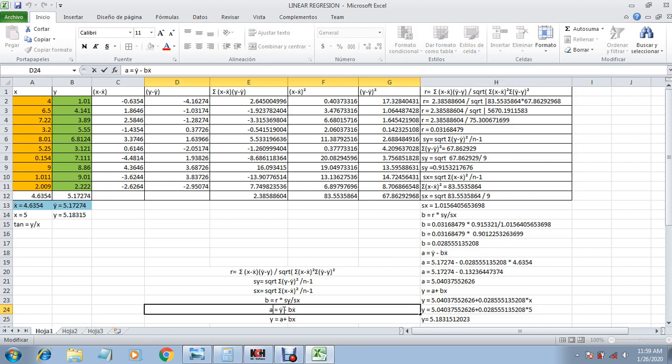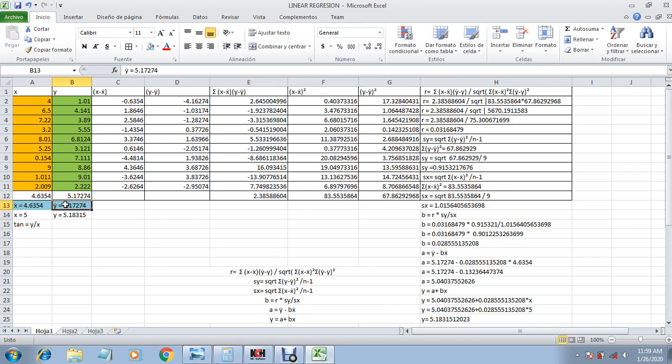The a value is equal to the average of y, the mean of y, that is this value, minus b, that we just got, the b, that is this value, multiplied by the average of x, that is this other value.